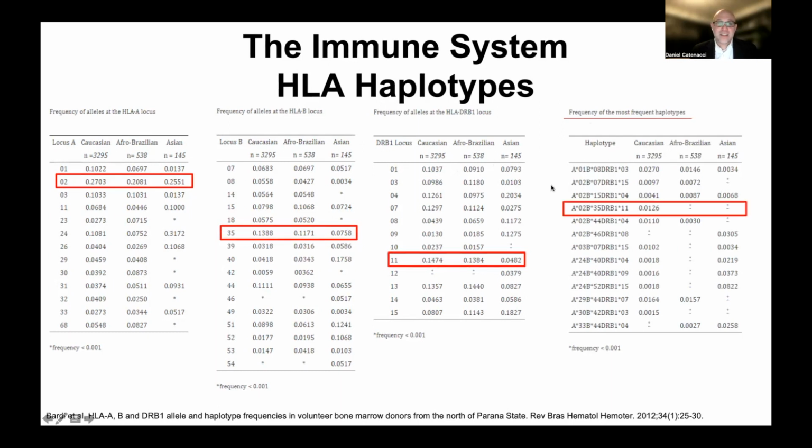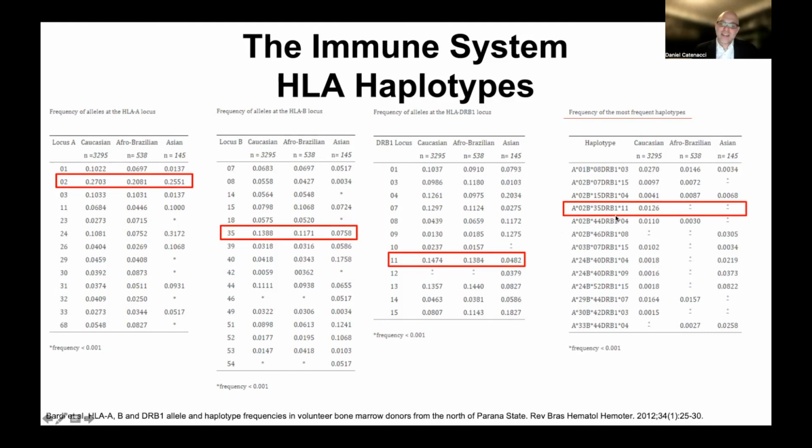And you can see that even though, for example, locus A is 27%, locus B is almost 14%, and this DRB1 11 is almost 15%, to have all 3 of them in the same haplotype, on the same chromosome from the same parent, is only just over 1% of the population for the most common one.